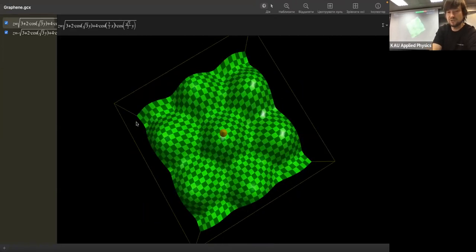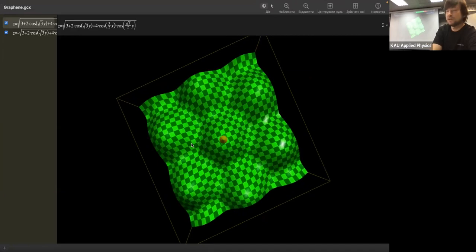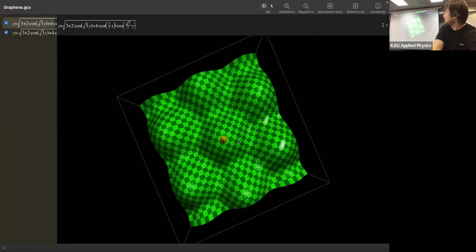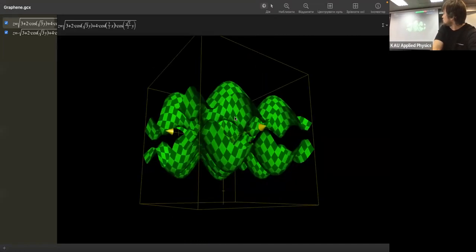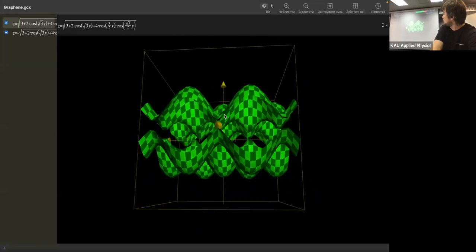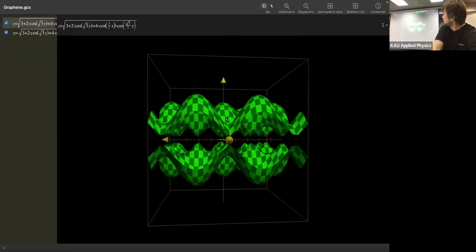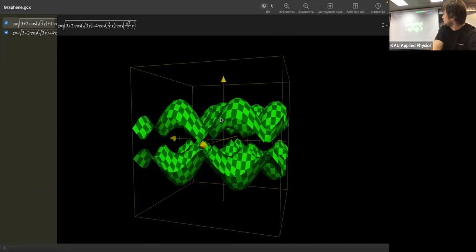You see, it's really beautiful. It's hexagonal. We clearly see this hexagonal thing. So this is the energy in reciprocal space, and we have these Dirac cones. I think it's really beautiful.